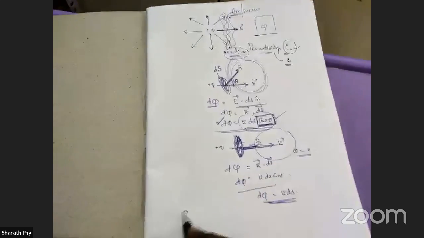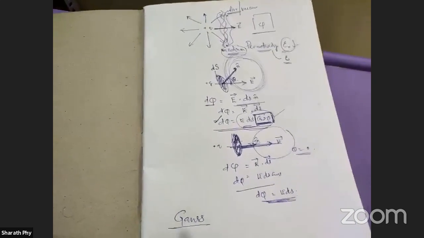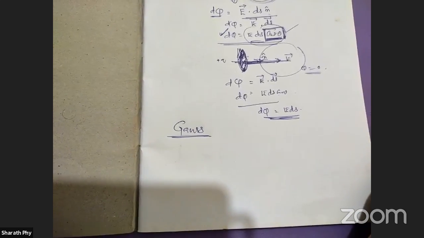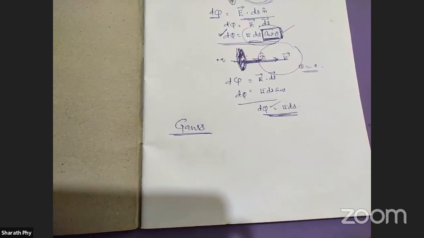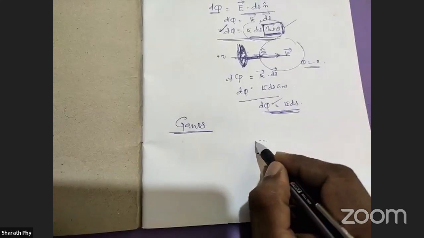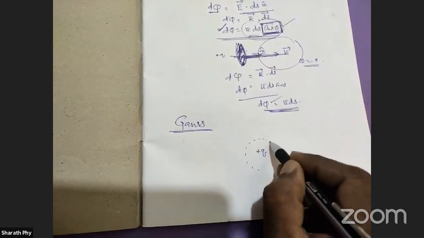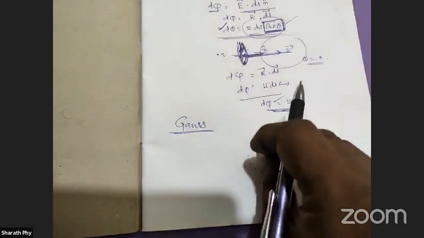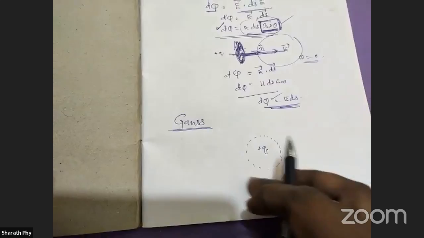But Gauss, a mathematician, suggested a very shortcut method to calculate this flux. What he is telling is, if any positive charge is there, you just imagine a closed surface. You keep the charge in the center, and around the charge you imagine a surface.